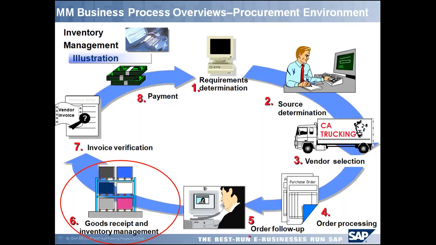Then the payment is done after the verification. Payment is never done before the invoice is verified. So invoice verification is a very strong process. And write this: invoice verification is integrated to FICO module.